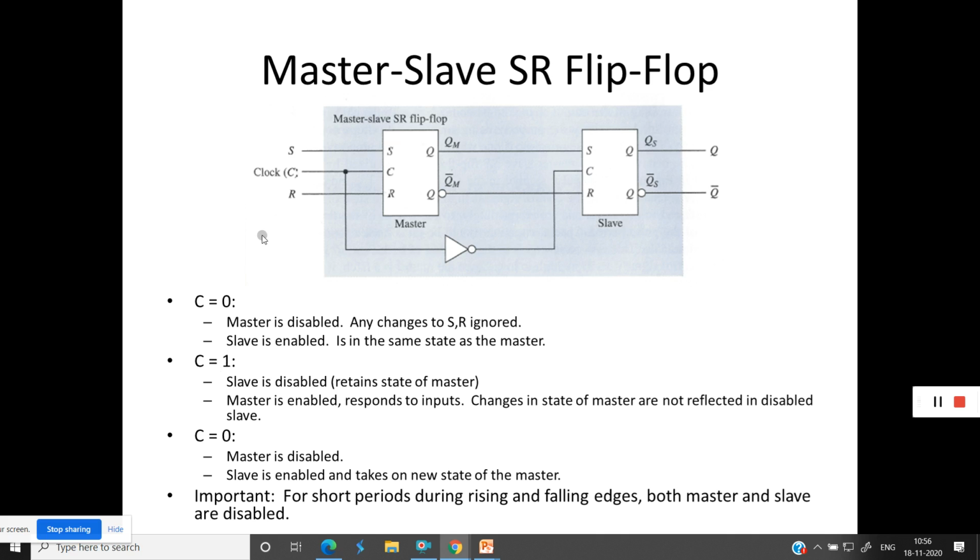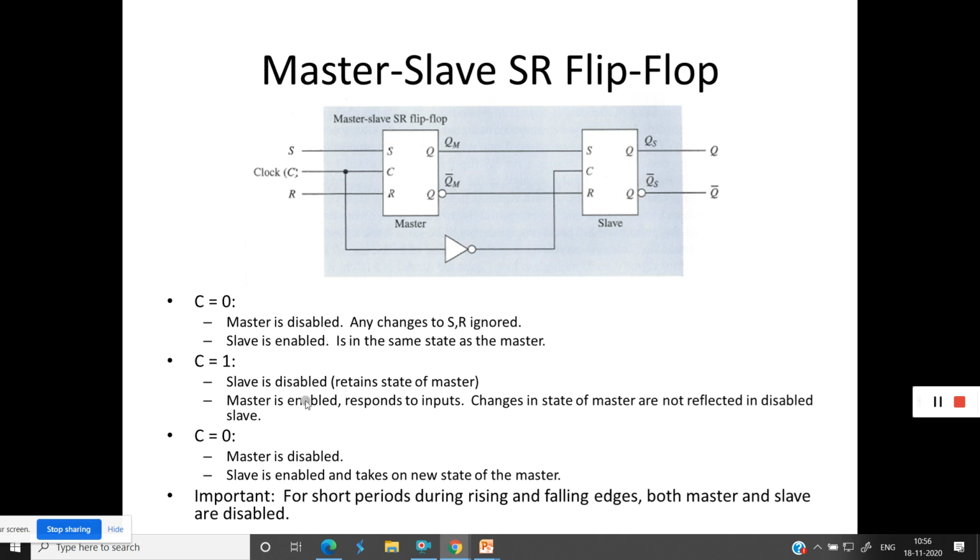Next, when C becomes 1, what happens? The slave is disabled. If C is 1 here, this becomes 0, and this 0 is applied as the clock to the slave. So when this is 0, the slave section is disabled. It retains the same state of the master.